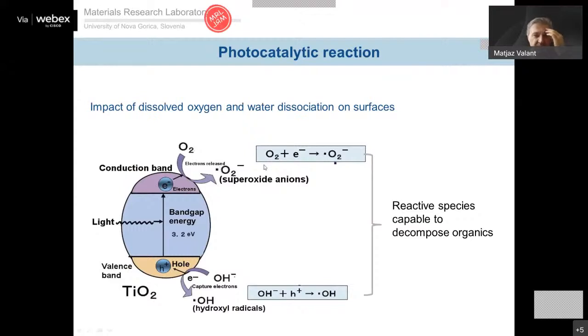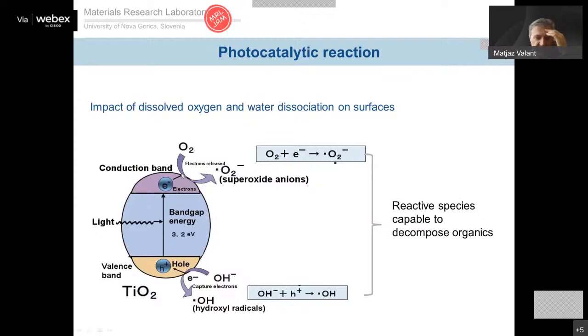Okay, and now let's see in more detail, for instance, how we would get a reactive species from the electrons on the surface and holes on the surface. As I said, the electrons need some molecule from the media to be adsorbed on the surface, and then it would be able to jump onto this molecule and transform it into some reactive species.